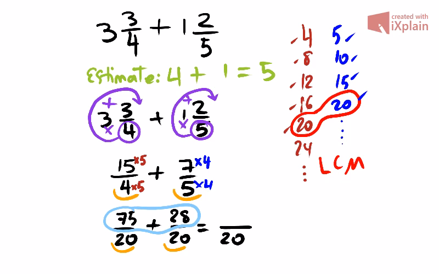Doing the calculation in our heads: 70 and 20 is 90, and 5 and 8 is 13. 90 plus 13, 90 and 10 is 100, plus that 3, 103. This is the answer, but it doesn't look easy to picture.